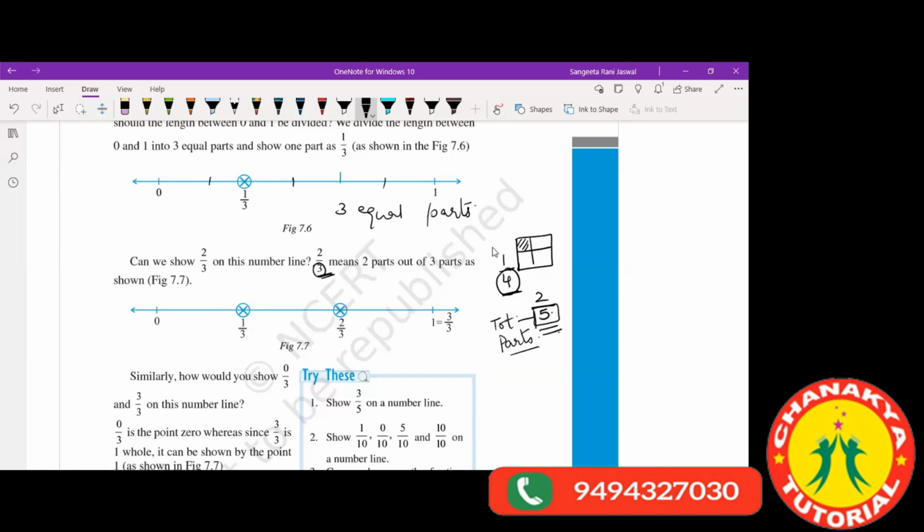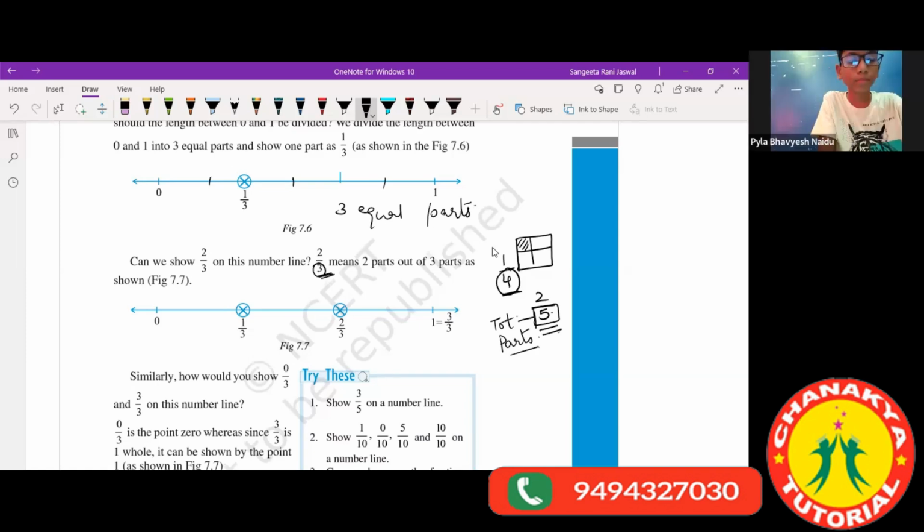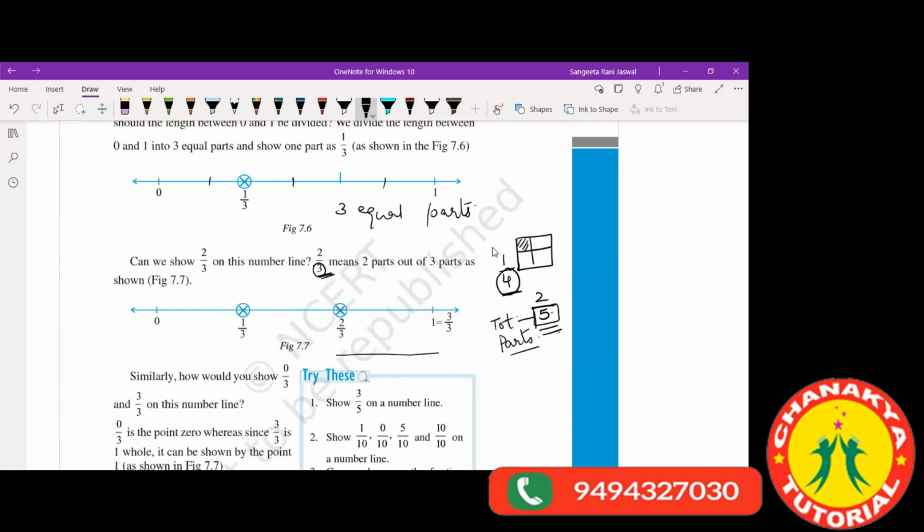Suppose I divided 0 to 1 into 5 equal parts: 1, 2, 3, 4, and 5. So this part is 1/5. This part is 2/5, this is 3/5, and this is 4/5.